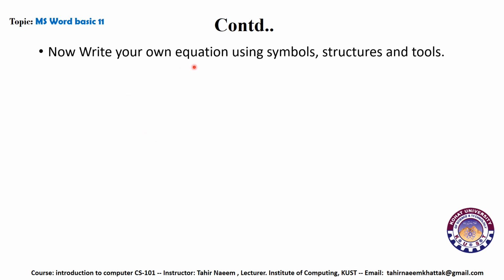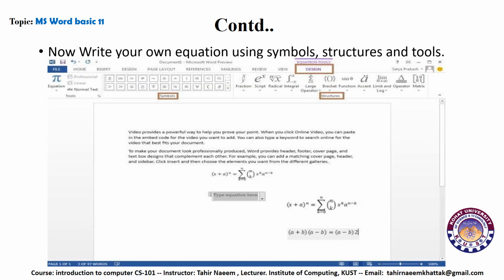We can write our own equation using symbols, structures, and tools. When we click on Insert New Equation, a dialog box opens, and there are different symbol structures available here, and we can customize our own equation.